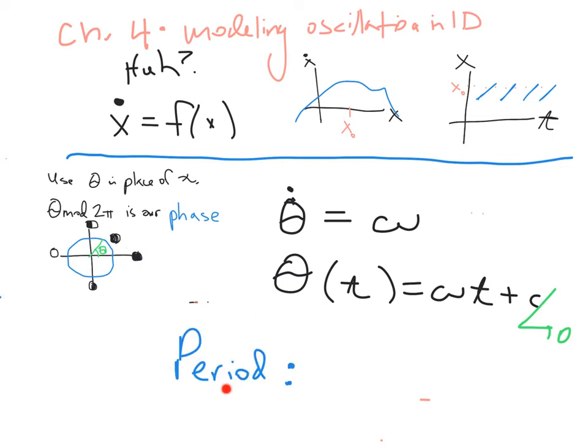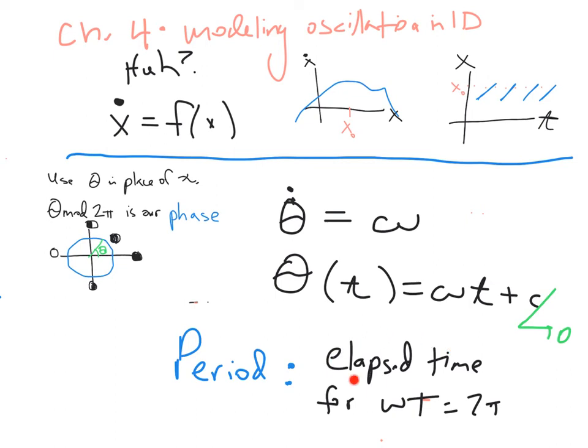The period of this system is however long it takes for us to return to the new moon. In this case, that happens when omega t has gone from 0 to 2 pi. So every time omega t increases by 2 pi, we're back at the same phase. If we start here and omega t increases by 2 pi, we're back here. So the period is the amount of elapsed time t that it takes so that omega t is equal to 2 pi.